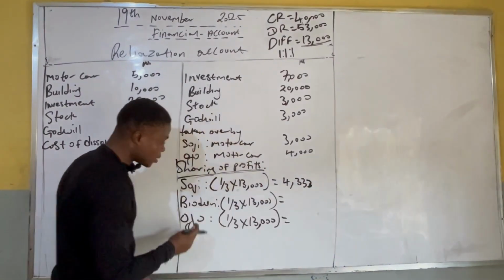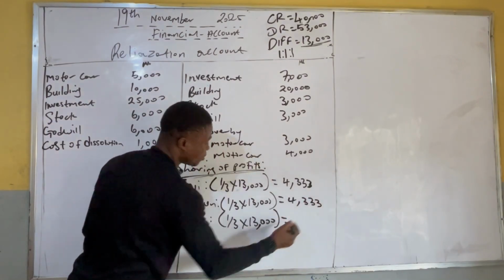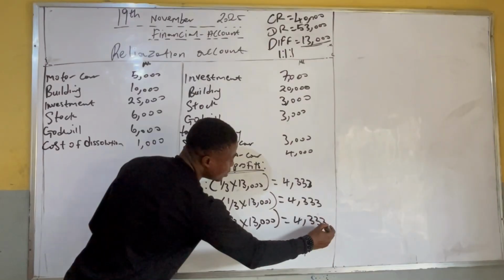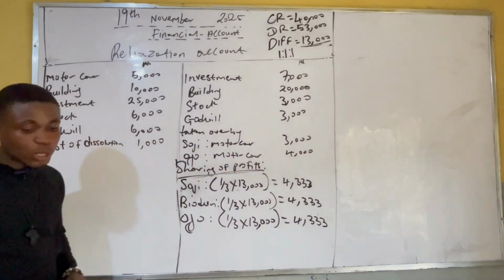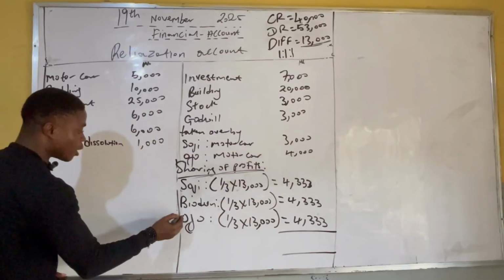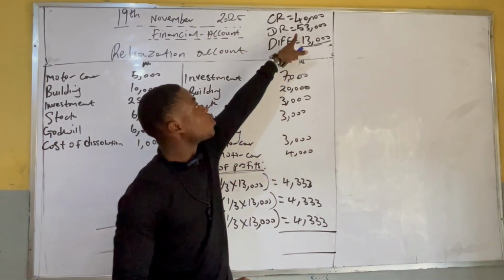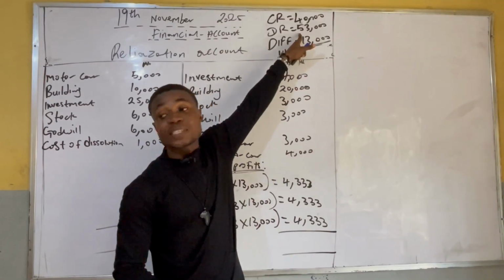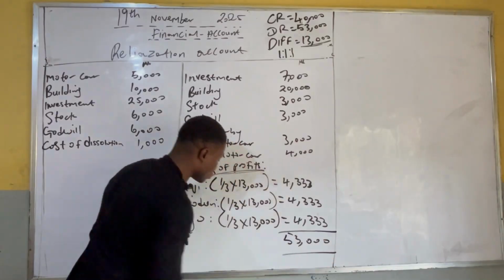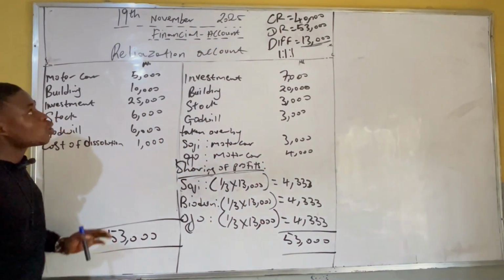The same thing, 4,333. That is it. So we're going to balance our account. Let's close the account. Please don't forget to close your account. You close the account with your highest figure. Your highest figure is what? 53,000. So we are done.